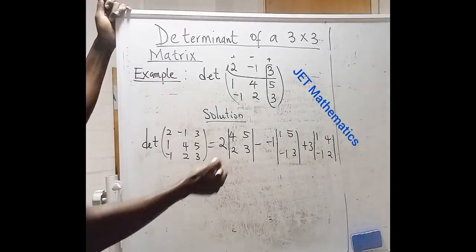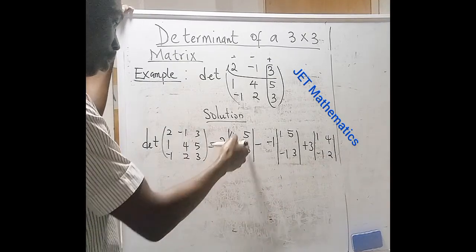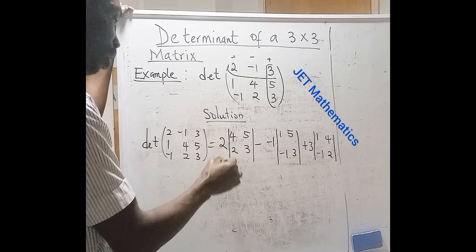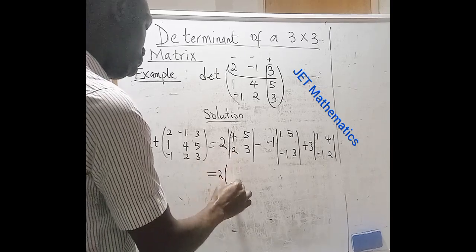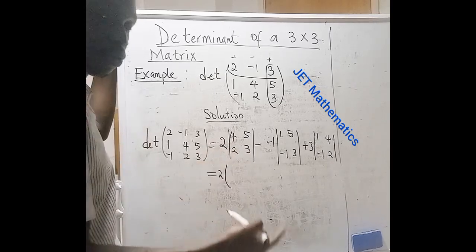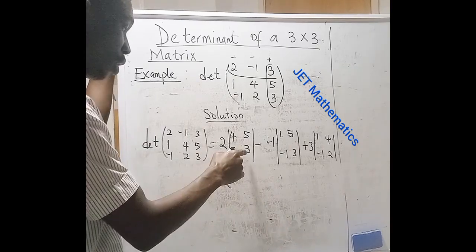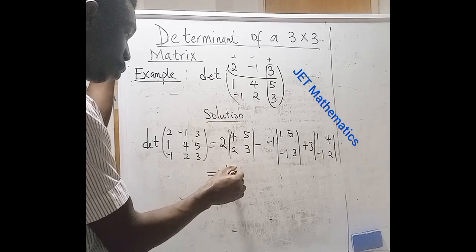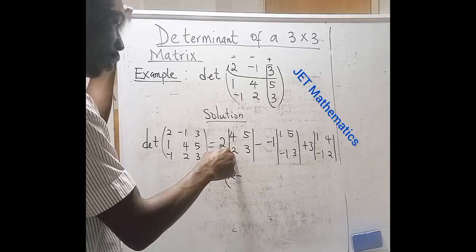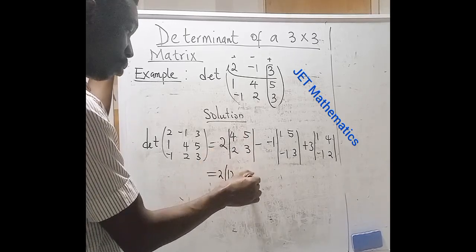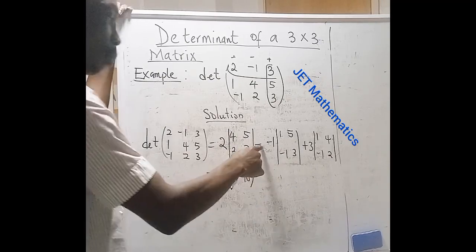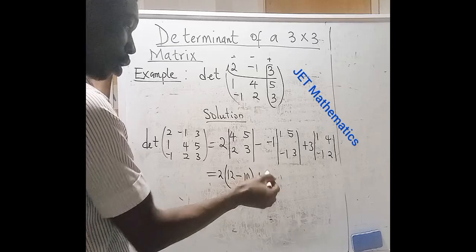Okay, so you can now simply solve this by saying this is 2 into, we can find the determinant of a 2 by 2 matrix. You say 3 times 4, that gives me 12, minus 2 times 5, that gives me 10. Here minus becomes plus.